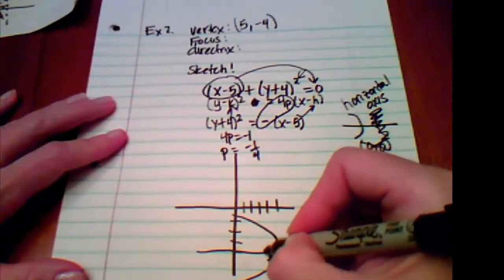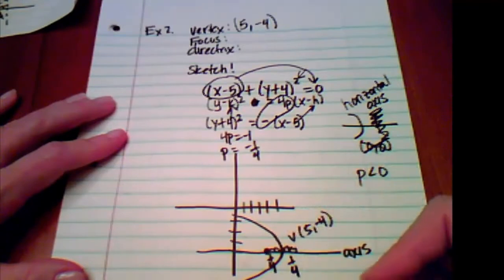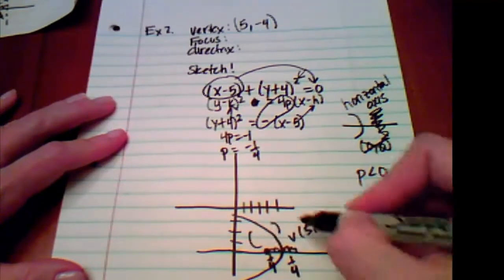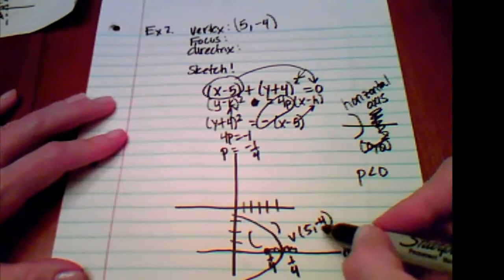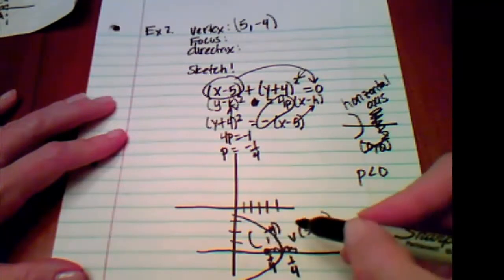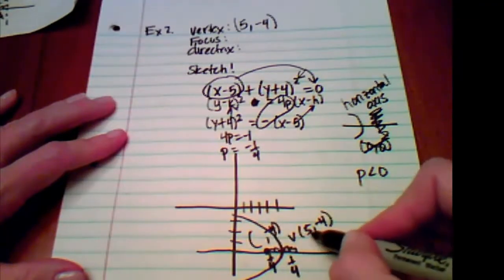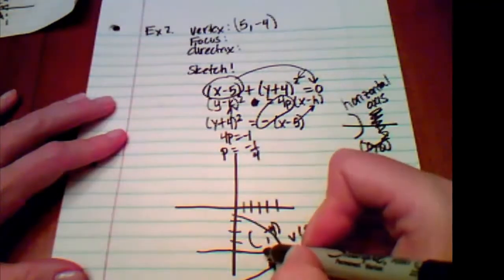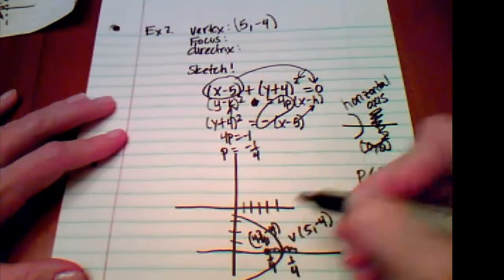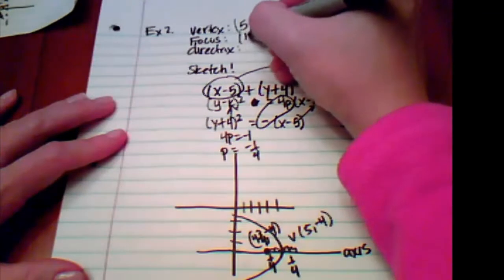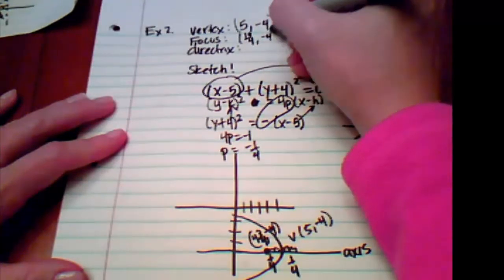The focus is what lies on the inside of the parabola. So if I think about what that coordinate has to be without using any formulas, I know that it still lies at negative 4 on the y-coordinate, but it's 1/4 less than 5. So it's going to be at 4 3/4, and as an improper fraction, that's 19/4.